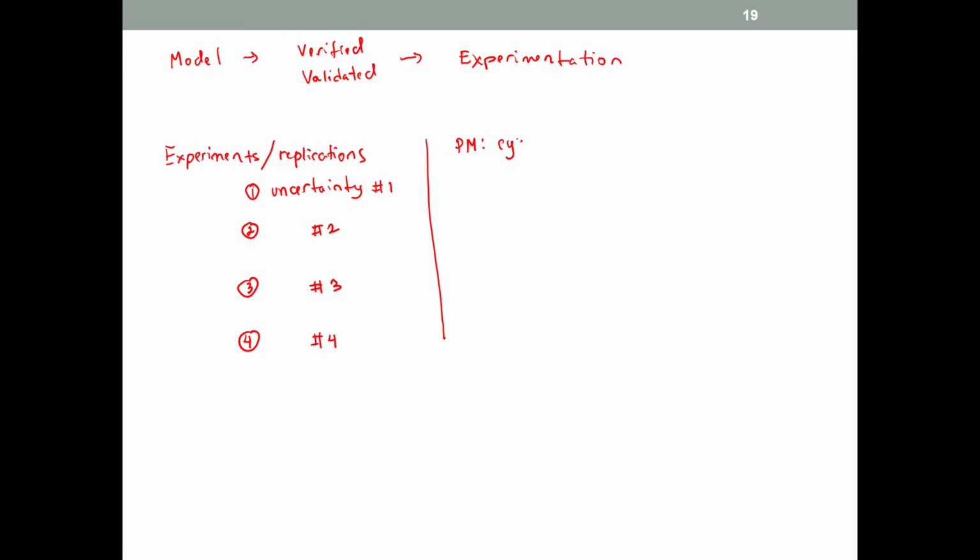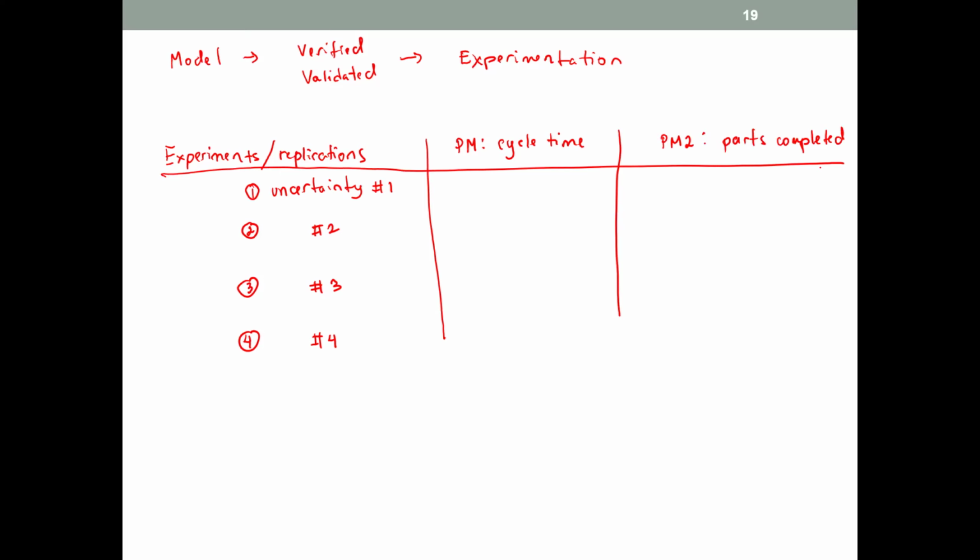Let's say cycle time. Or another performance measure, performance measure number 2, parts completed. So when you run your model, let's say for experiment 1, you get cycle time 11, parts completed 154.